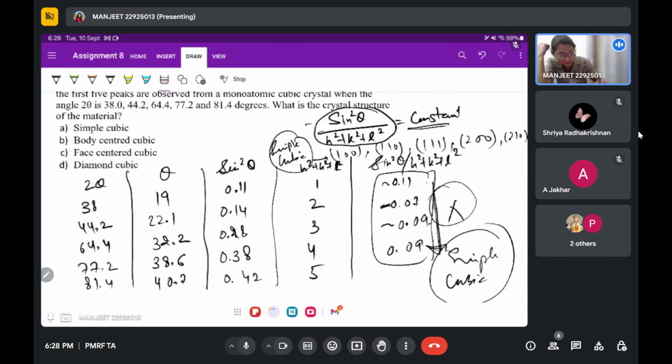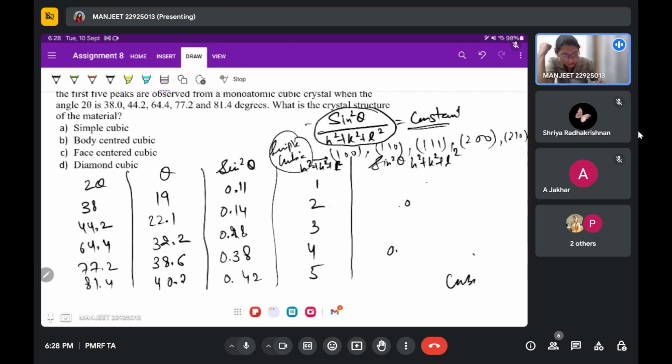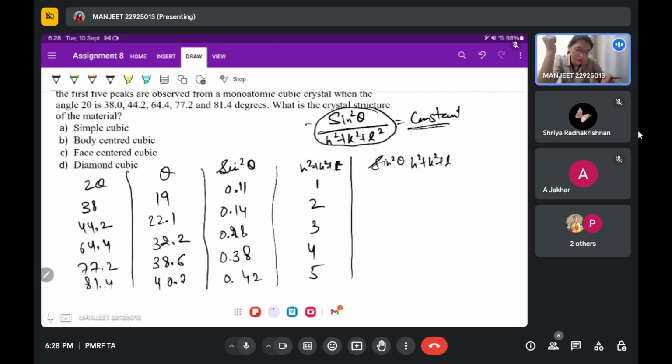Now we will check the same thing for the FCC one. What are the corresponding hkl values? In FCC, either all hkl values are odd or all are even. They shouldn't have mixed behavior.